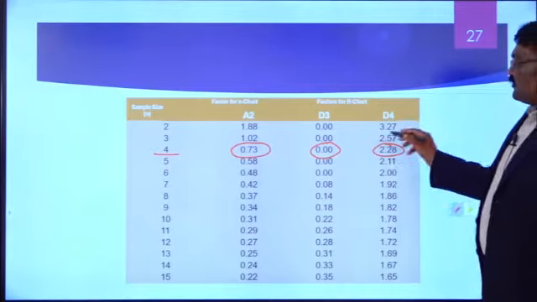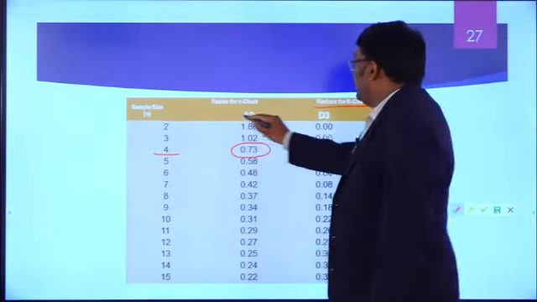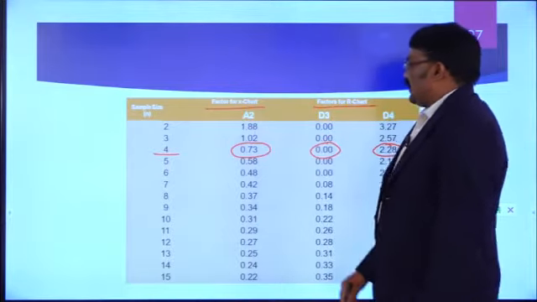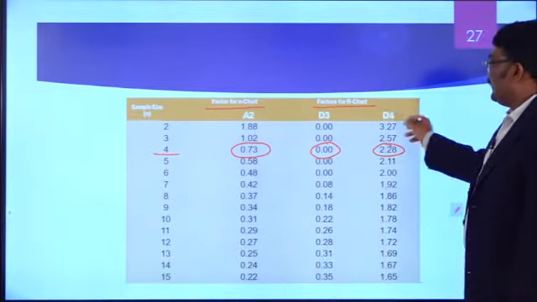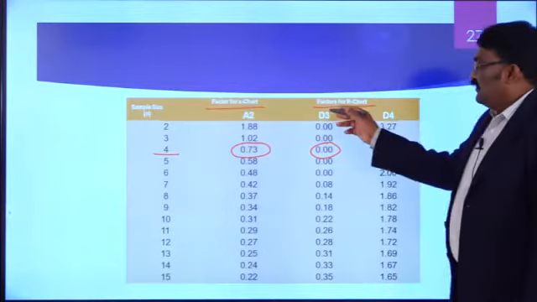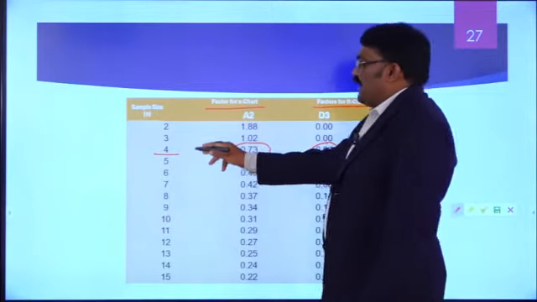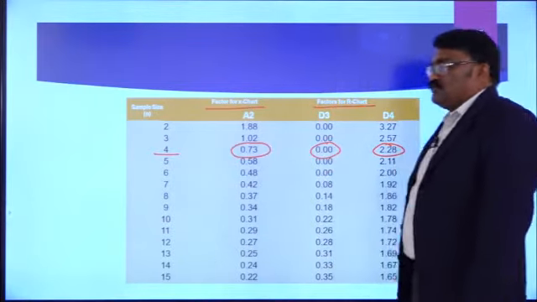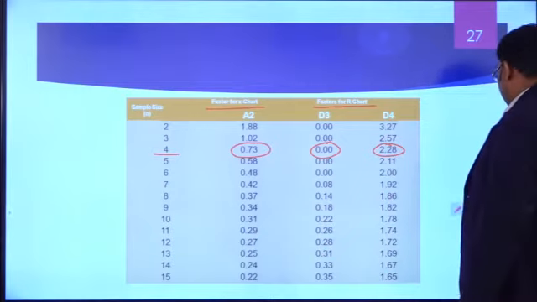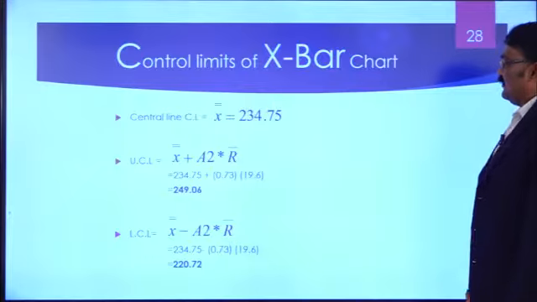These constants are for the R chart, and A2 is for the X chart. D3 and D4 are for R charts. We are finding out the X bar chart now. Under sample size 4, the A2 value is equal to 0.73. So based upon the sample size we need to select it.